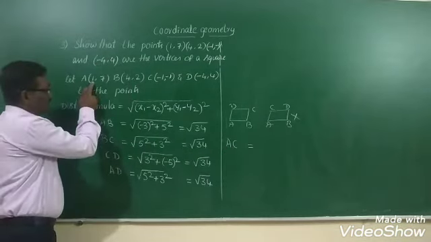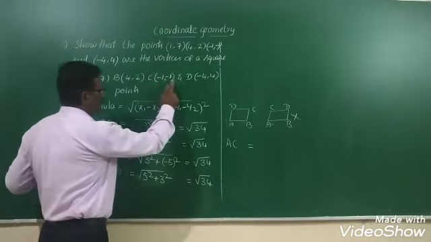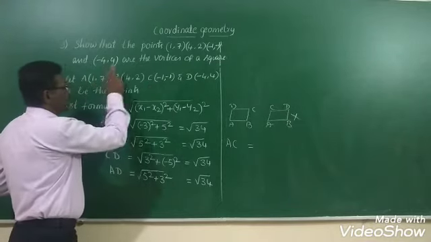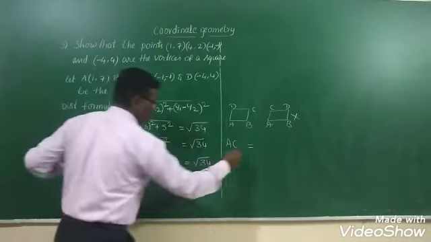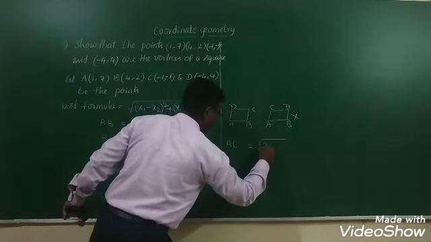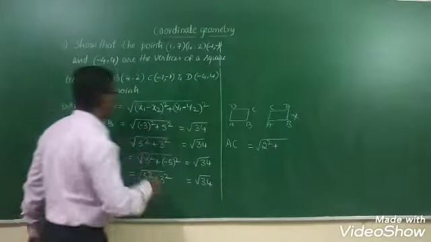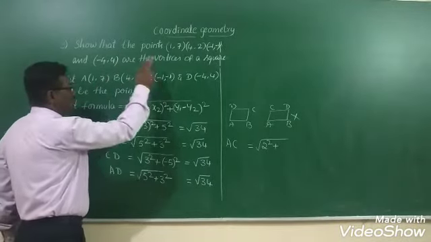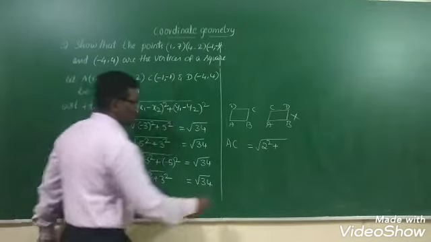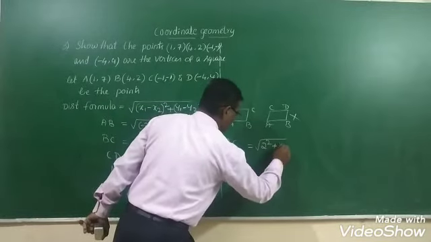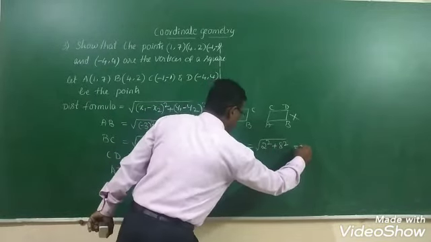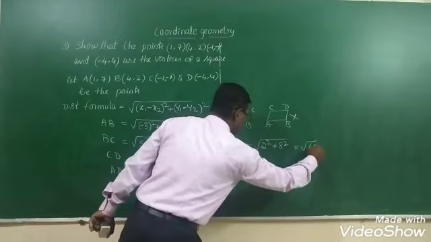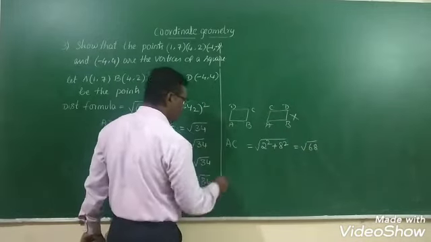So, A, x1, y1, x2, y2, 1 minus of minus 1, 2 square, plus 7 minus of minus 1, 8 square, 64, that is 8 square. Therefore, root 68 we get, that is the AC diagonal length.